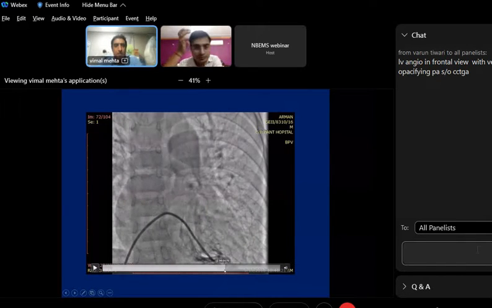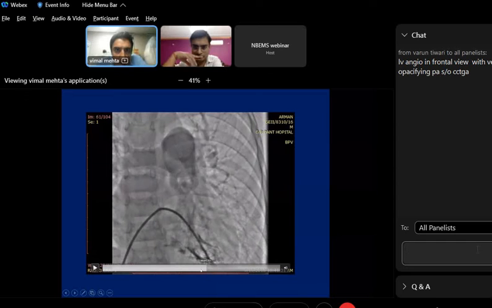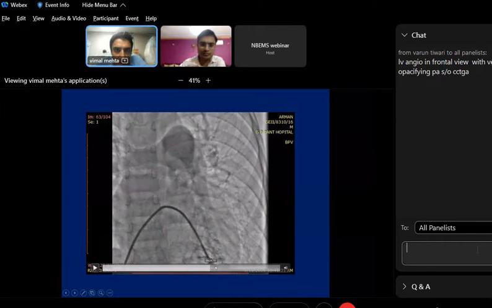Ideally, when a normal valve opens, especially the aortic valve or for that matter the pulmonary valve, both valves, their leaflets will be touching almost the wall of the pulmonary artery or the aorta. They will be wide open. Here they are not. Let me show you if I can see.